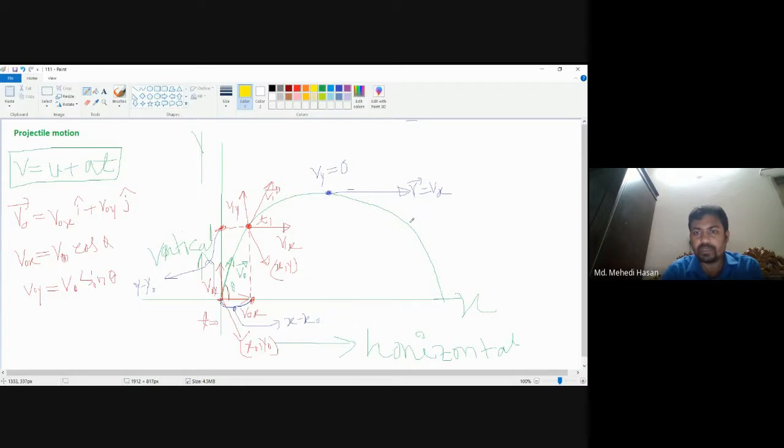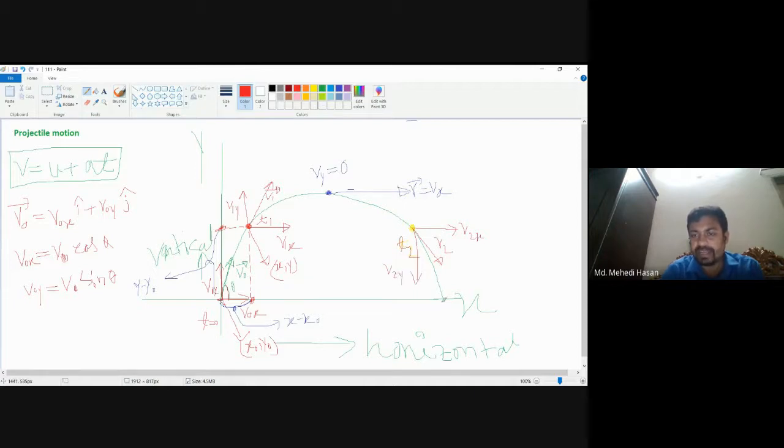If you consider the point is here, at t2 second, then the velocity will be tangent to the path. This is v2, and along that direction is the x component v2x, and the y component is downward, v2y.